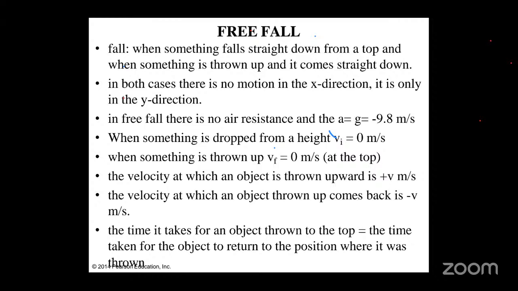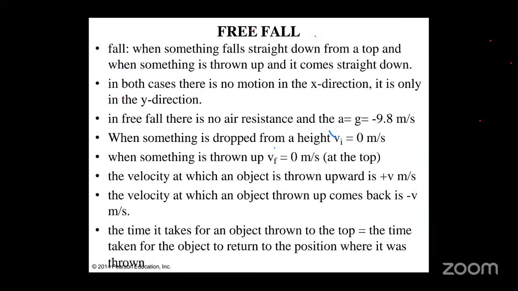Now, if the object is going up, the acceleration due to gravity is negative. If it is coming down, it is positive. When an object is dropped from a height, the initial velocity is always zero, because if I drop an object from a height, I don't need to throw it. On its own, it will fall down freely.